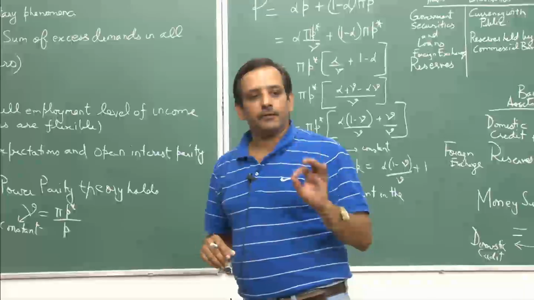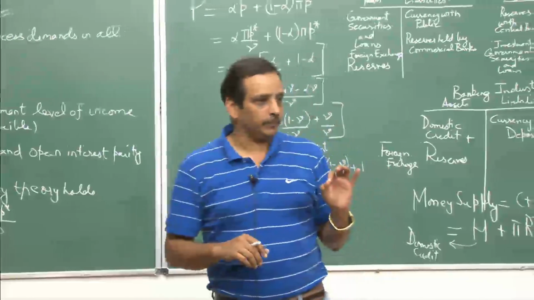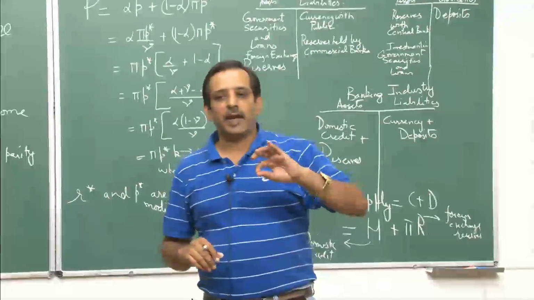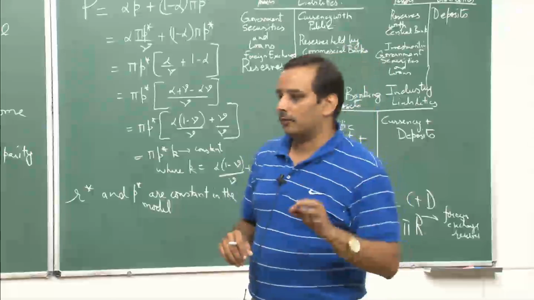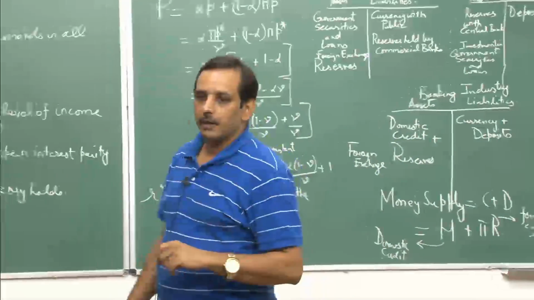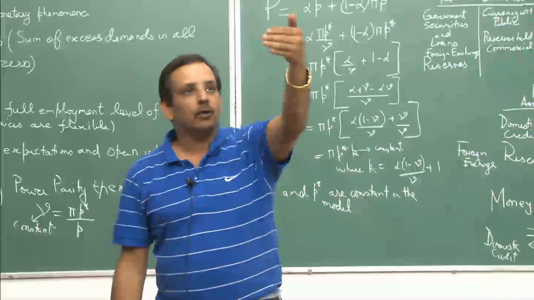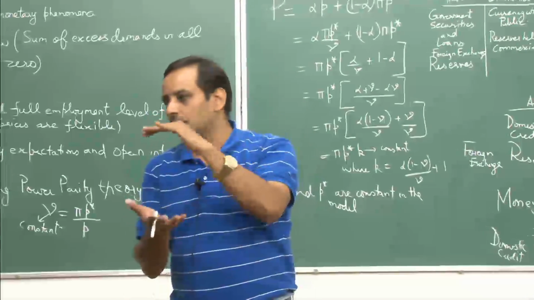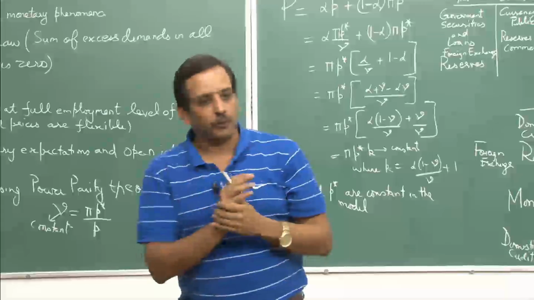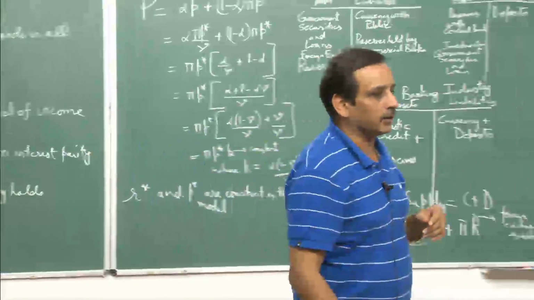If there was any deficit in the balance of payment, you would see an outflow of gold from that particular country, and the country which had a balance of payment surplus would receive this gold from its trading country.